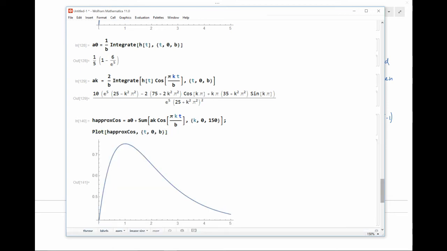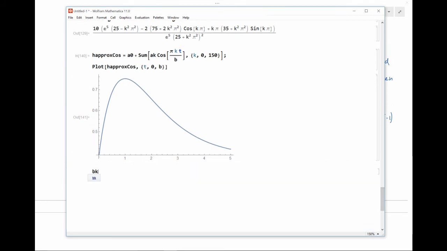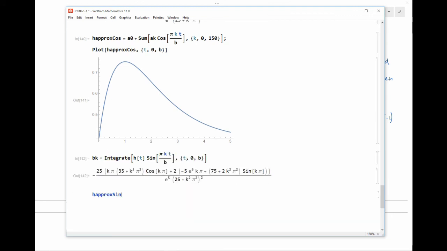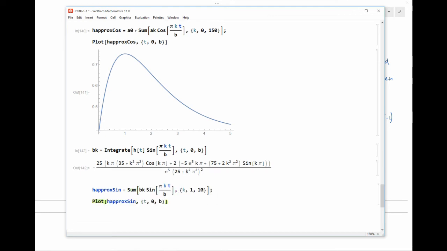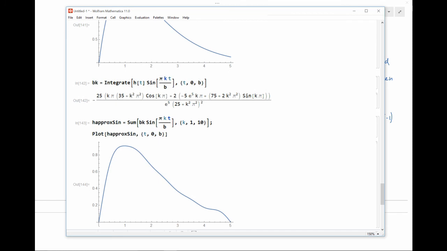Let's try to compute the sine approximation of this function. Computing the series is just going to be the sum of bk times the sines. Again, close, but not that close.